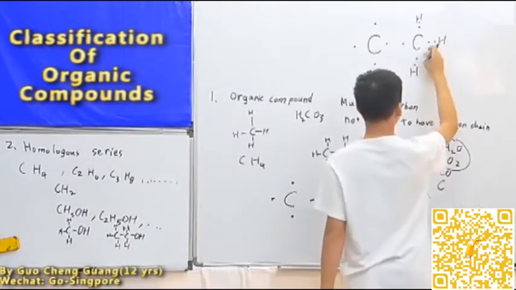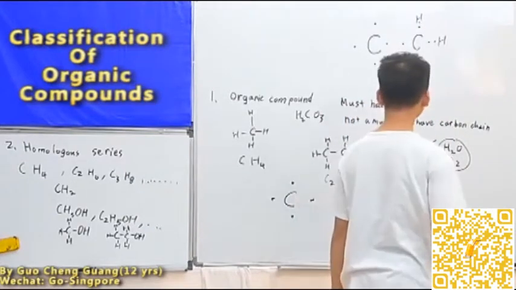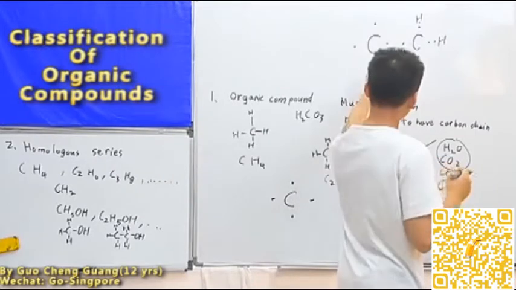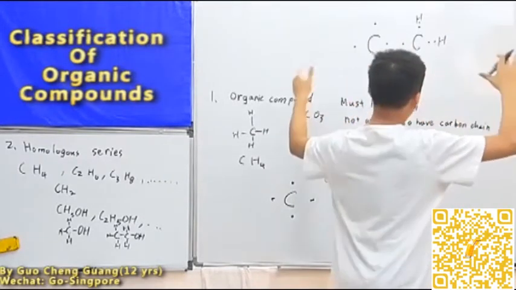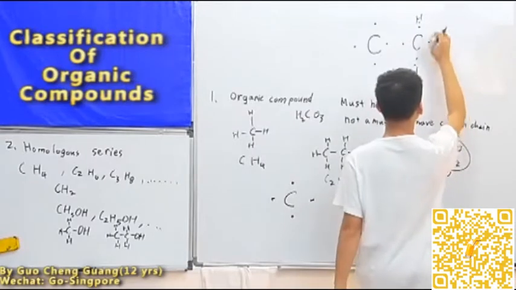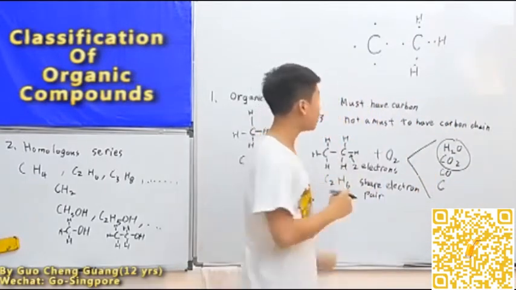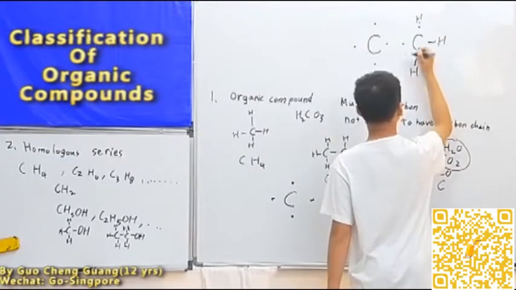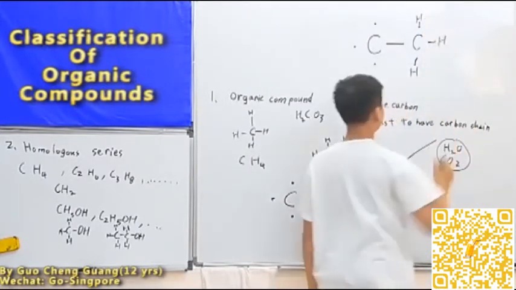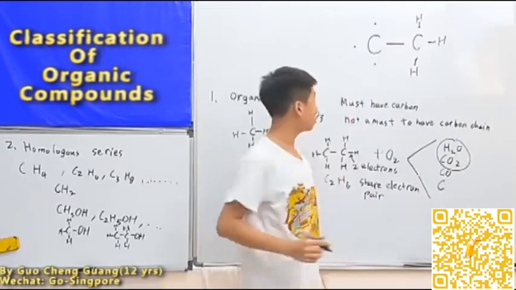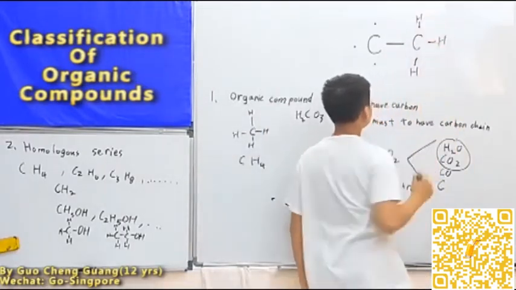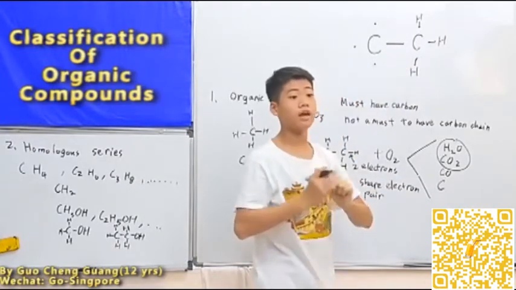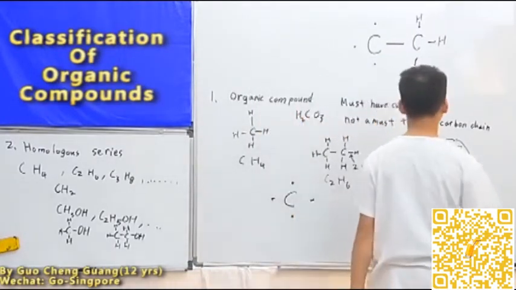It needs 8, but it only has 4. So its protons inside will attract electrons from these other elements. It attracts 1, 2, 3, and 4 here. So it gets an extra 4, and 4 and 4 is 8. So this carbon has obtained the octet state.